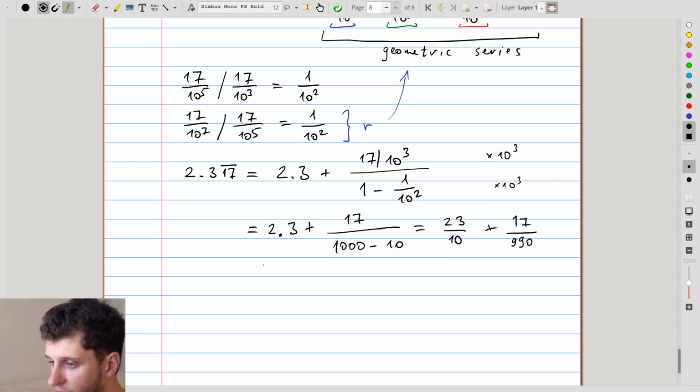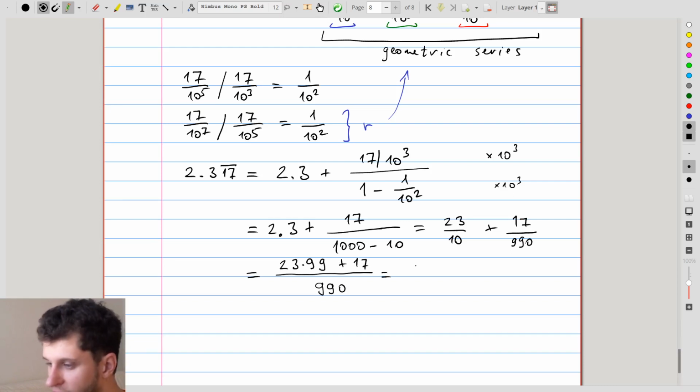You see that the common denominator is 990 because it divides both of the denominators here. So I will need to multiply 23 by 99 and add 17. Now I'm going to show you how to quickly multiply by 99.